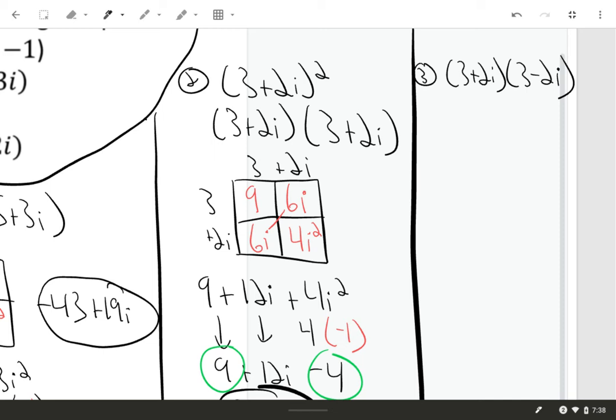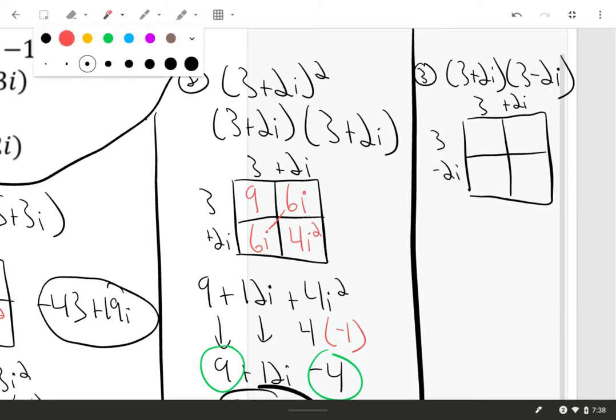And something interesting happens on this one, which is why I wanted to do this example with you. So 3 plus 2i and 3 minus 2i. So 3 times 3 is going to be 9. Okay. 3 times 2i is going to be 6i.